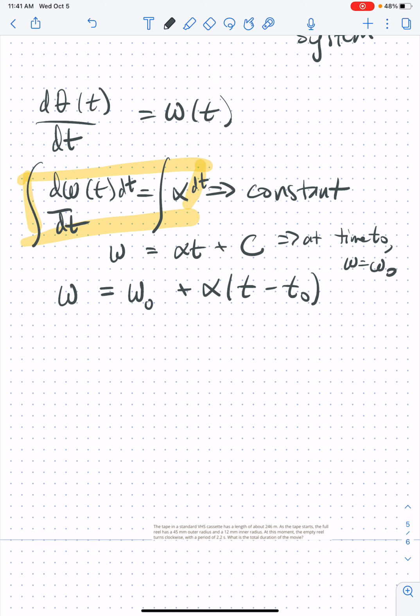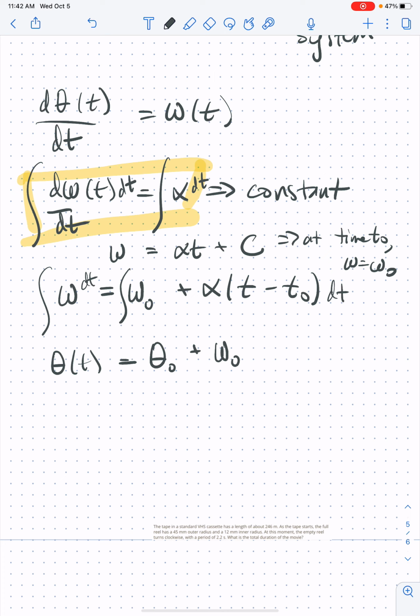We can then integrate this one again to get a function in terms of theta. So here on the left we'll have theta, a function of time, and then we're going to find that this is theta naught plus omega naught times t minus t naught plus 1/2 alpha t minus t naught squared.